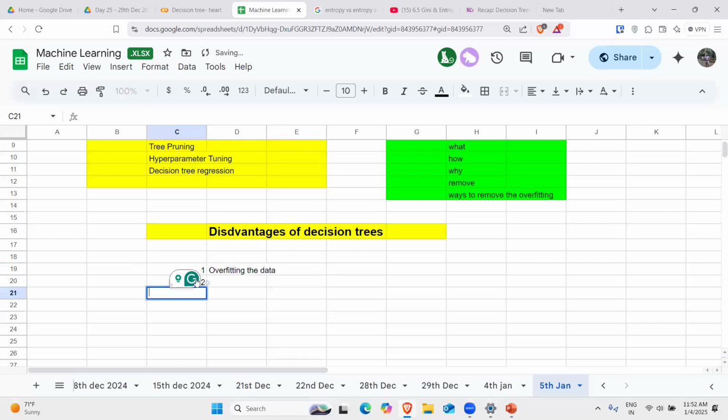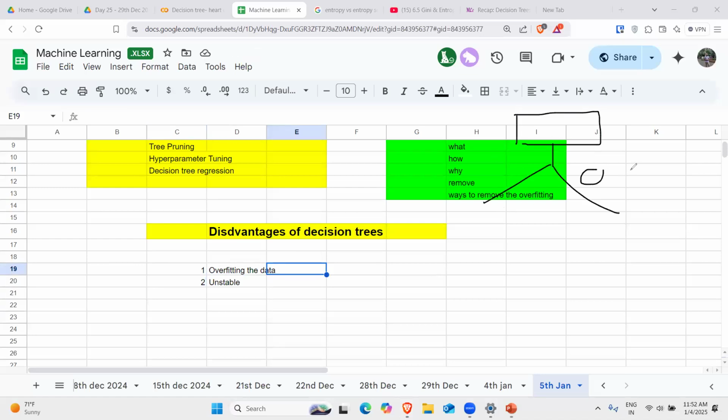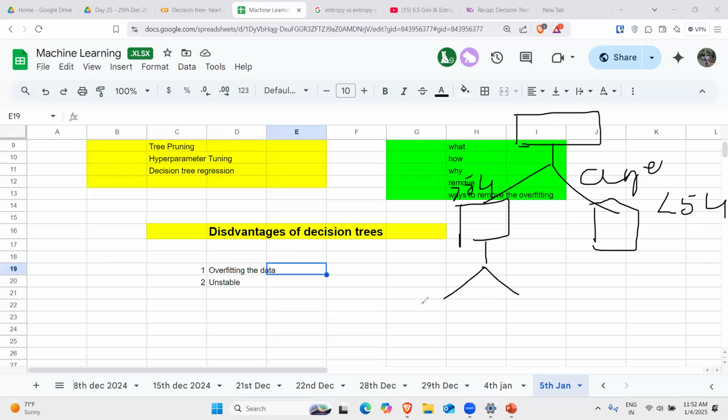You do not have any control on how the further splitting happens. It does not think beyond the first step itself. Like, if I do splitting based on age, let's say, with a criterion of age greater than 54 or less than 54, the model is not able to visualize what will happen in the next segment itself, right? So it's greedy, it's unstable, right?